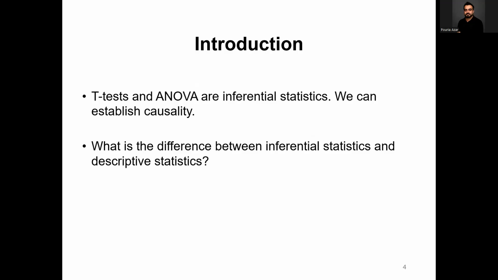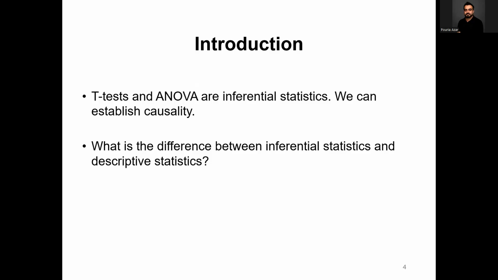T-tests and ANOVA are inferential statistics. In other words, we can establish causality by conducting t-tests and ANOVA. Do you remember what's the difference between inferential statistics and descriptive statistics? In inferential statistics, we are inferring causality from our data set.